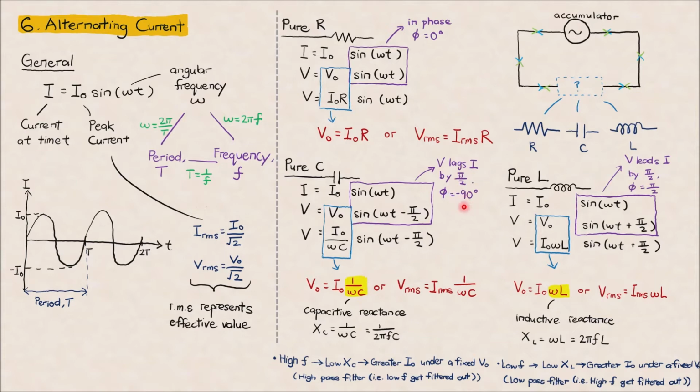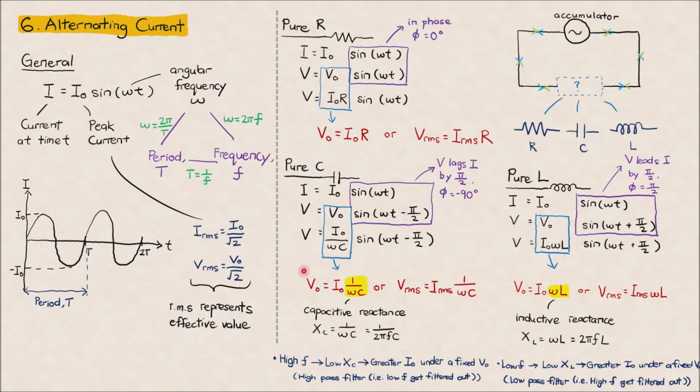Okay, so through our lecture, we have already done some derivation, and at the end of the derivation, we find that the equation of V varies as I0 over omega c, sine omega t minus pi over 2. So by comparing these two equations, we know that V0 equals I0 times 1 over omega c.